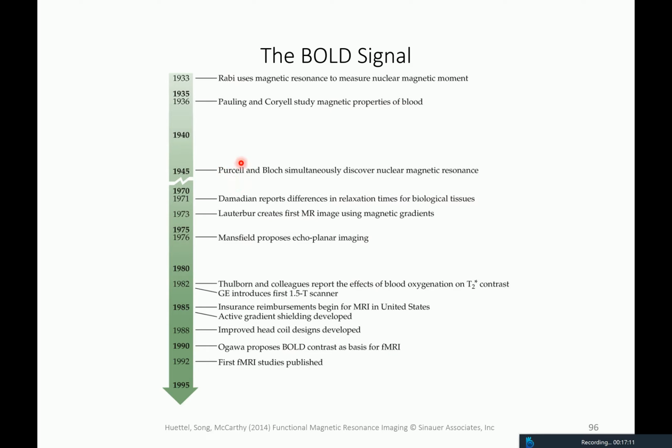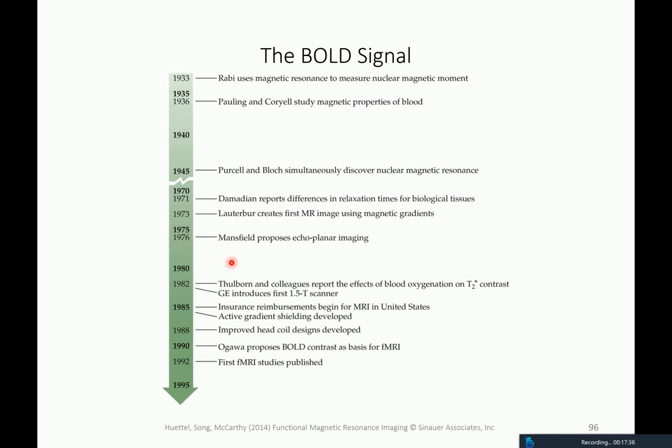So then more nuclear magnetic resonance before the war. Then some development going on in nuclear magnetic imaging. So some things that we have talked about, for example, relaxation times, but also using MR gradients to make images, echo planar imaging.